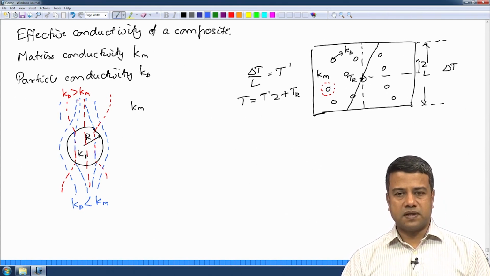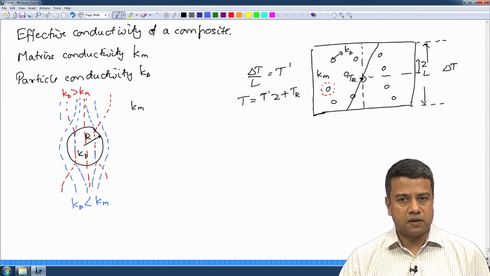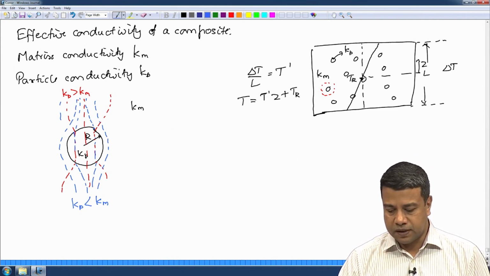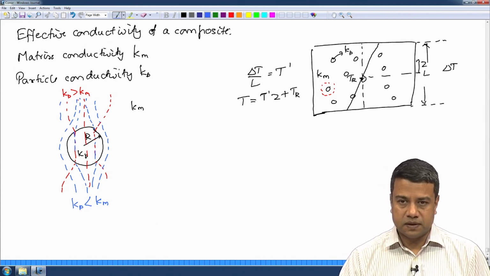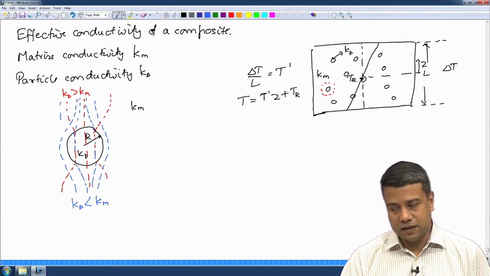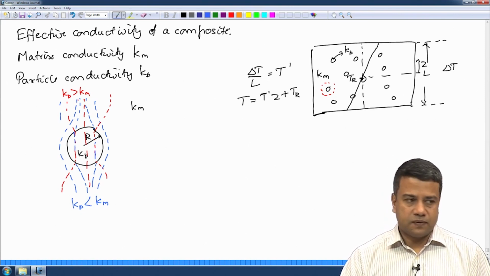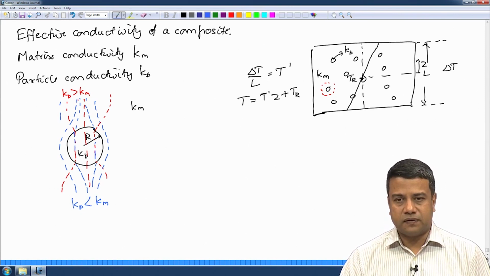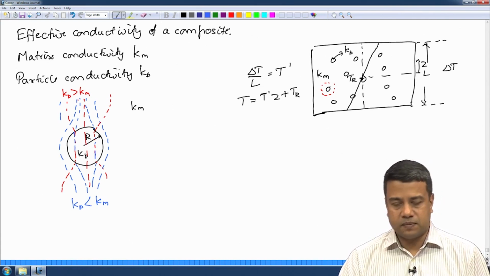Depending upon this, the total heat flux through the material is going to change depending upon the ratio of conductivities. If the matrix conductivity is greater, you would expect the average flux to be lower because the particles transport heat less efficiently than the matrix, and vice versa. So, this is what we have to find out. What is the effective conductivity of the material given that there are spherical particles within a matrix?